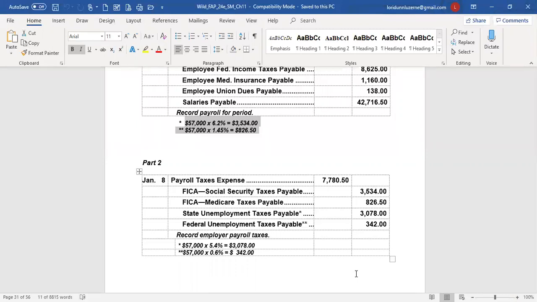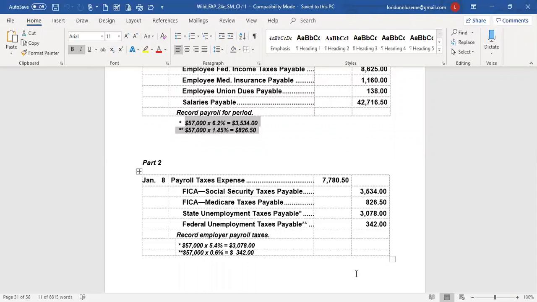The employer would then add those up, all those credits that we just increased the liability accounts for, and they debit an additional expense called payroll tax expense, $7,780.50. So these employees, just from this information, the total expense related to these employees is $57,780.50.